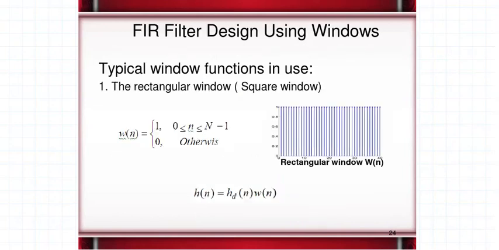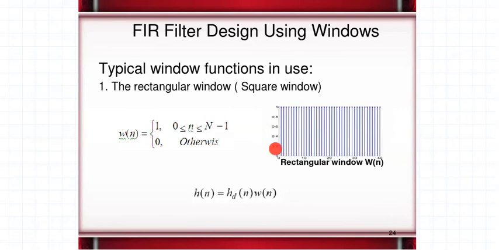There are basically many window functions in use. The typical window function, let us start with the rectangular window. So this is the window. All the samples of this window have unit magnitude, and here I have assumed a length of 40. So this is a rectangular window with all the samples of unit magnitude. This window has all the samples equal to 1 over the period that we have defined.